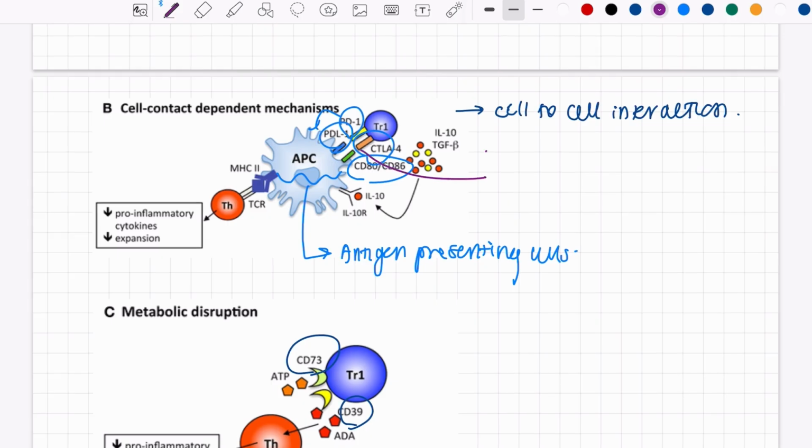And when this sort of binding occurs, it really sends an inhibitory or stop signal to the APCs, and it prevents it from essentially just overstimulating the nearby T cells.